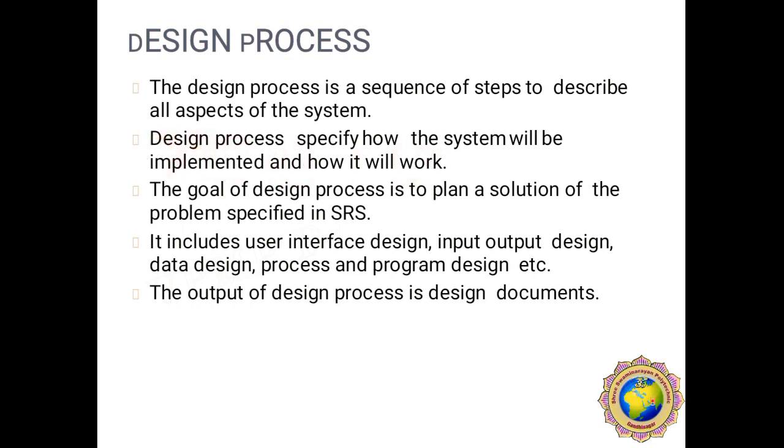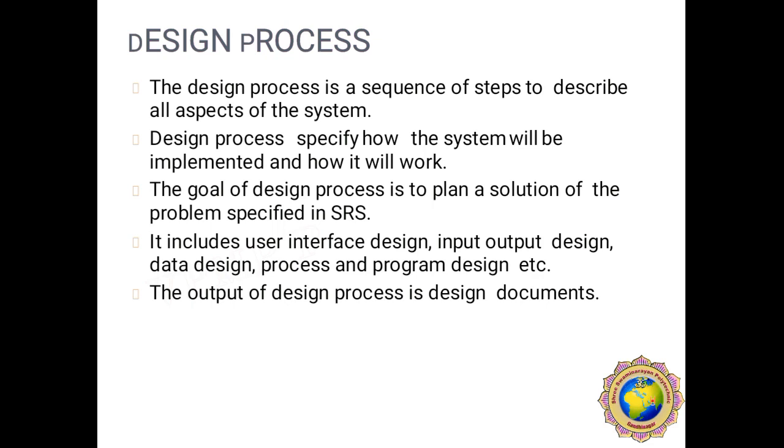The goal of the design process is to plan a solution to the problems specified in the system as well as the software requirement specification. So it includes user interface design, input output design, data design, process and program design, etc.